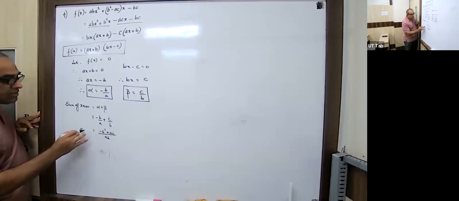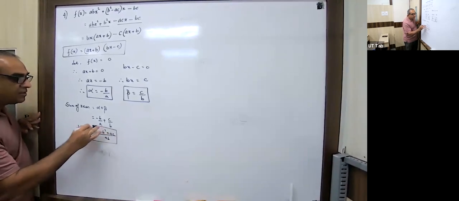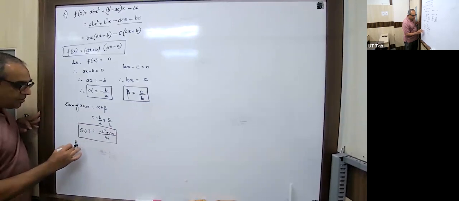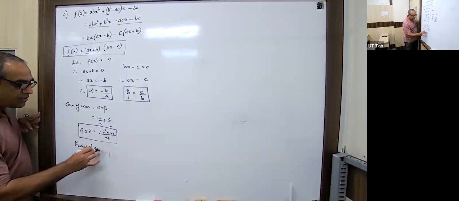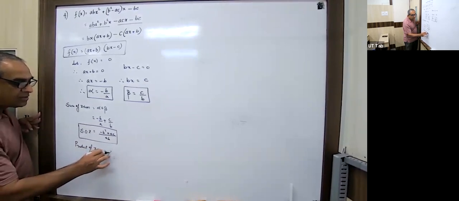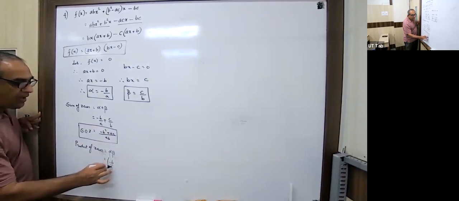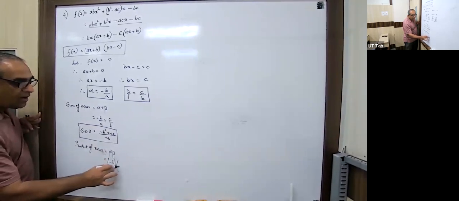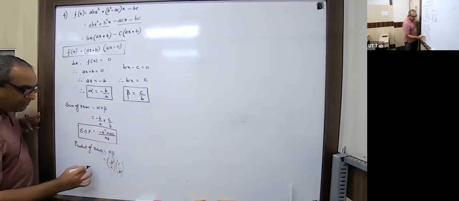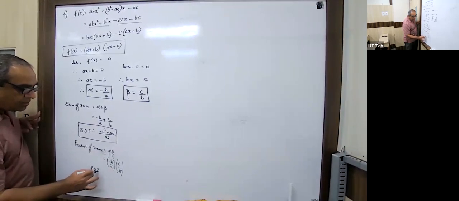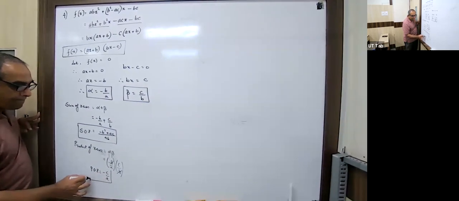What is this? Product of zeros. Minus B by A into C by B. B, B cancel. Correct?